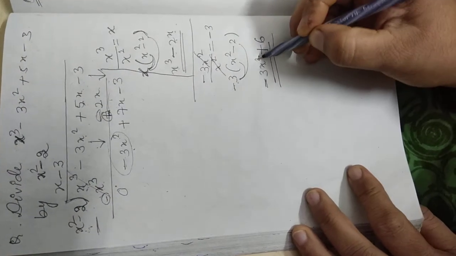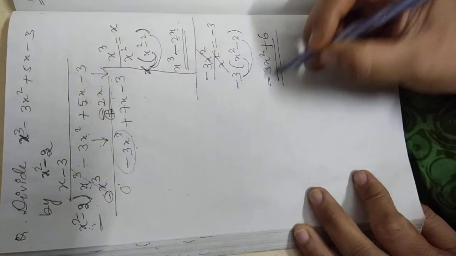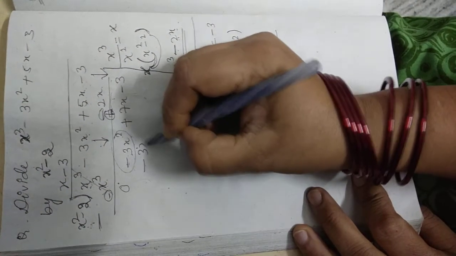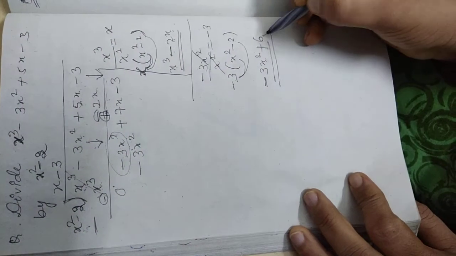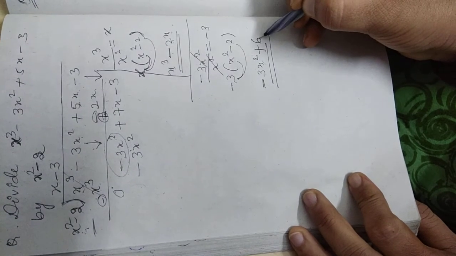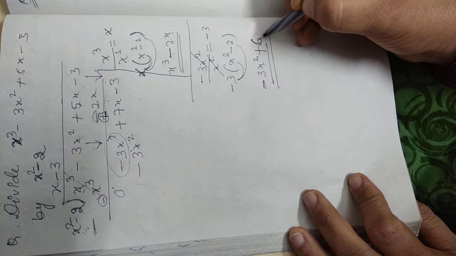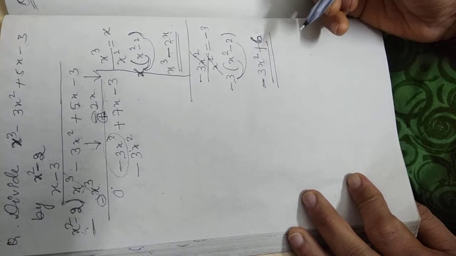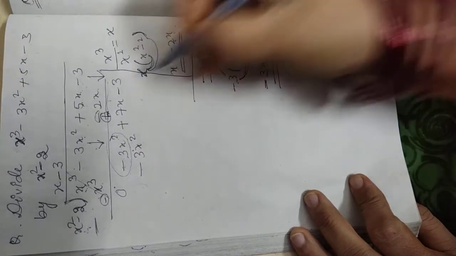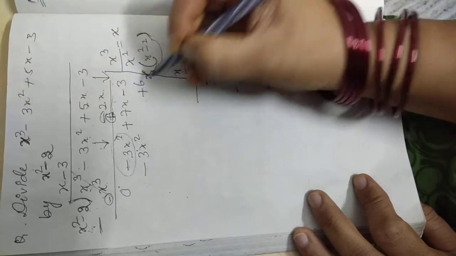What is the like term of x square here? Same: minus 3x square, minus 3x square. Now plus 6 is a constant term. There is no variable x, y, z, only a number. So it is a constant term. You have to write this constant term below the constant term.